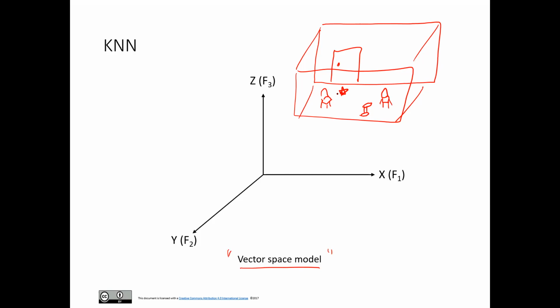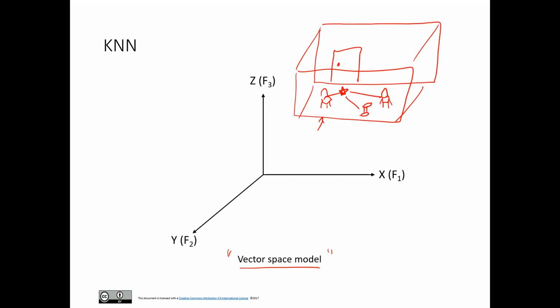There's a distance there, that's the distance, and this is the distance. Obviously, the star is closest to the first chair, and it's furthest away from the other chair. That's really what we do with KNN.